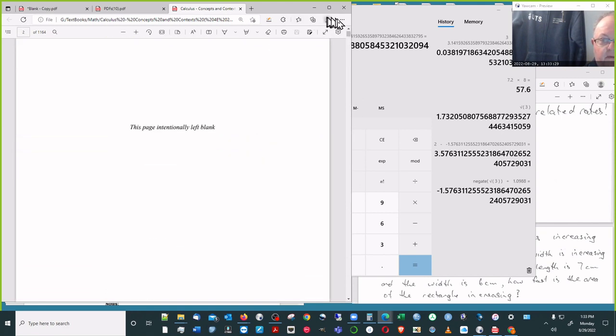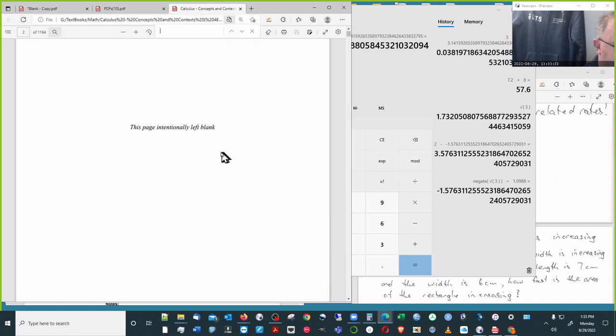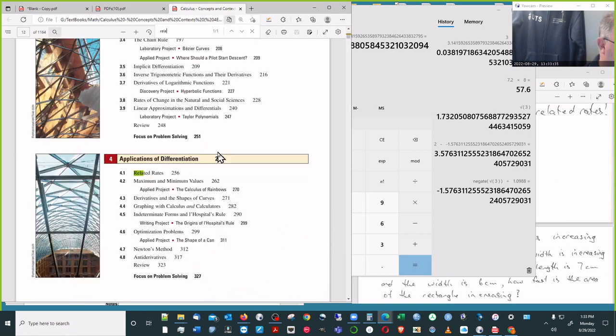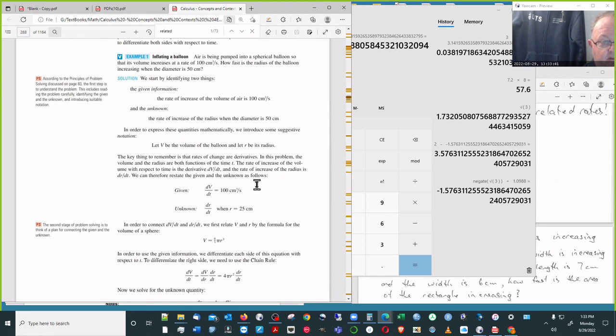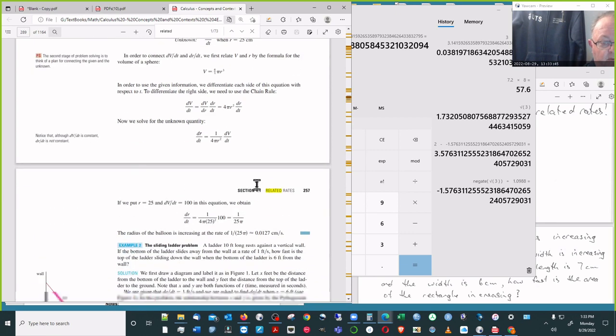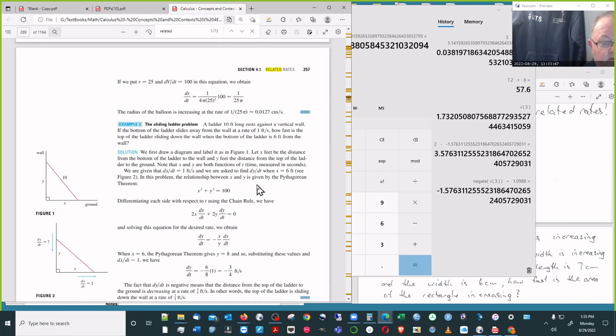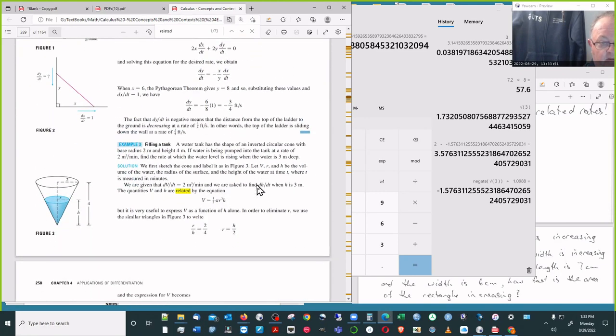Okay, so if I have a quick look on here for related rates, there'll be more practice. There you go. So related rates, and it's exactly what we've been doing. There's a reading for you, and there's some practice questions there. If I was your lecturer, I'd be pulling questions out of here. Okay, filling a tank with a funny label.